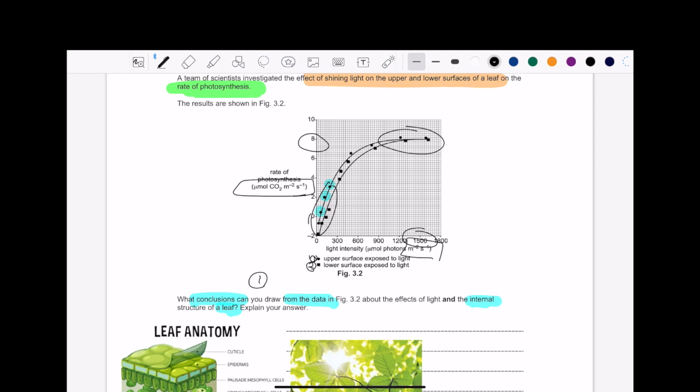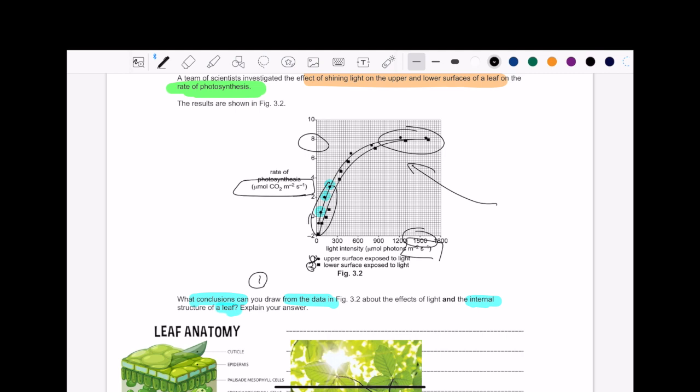So let's see where our fourth mark can come from. Another thing I could talk about is the plateau and why the graph is shaped this way. Because at the end of the day, we are talking about plants. We are talking about photosynthesis. There will be limiting factors, right?